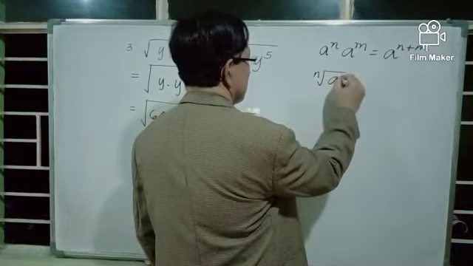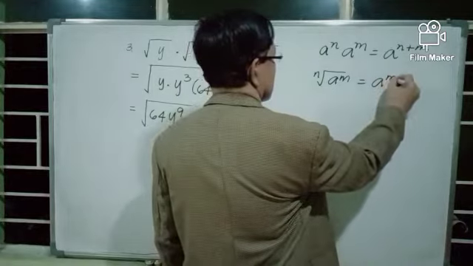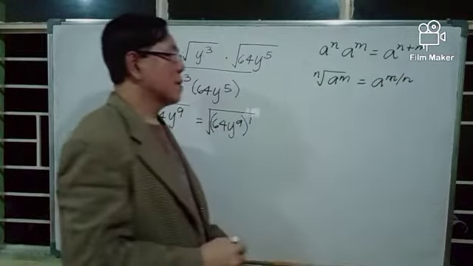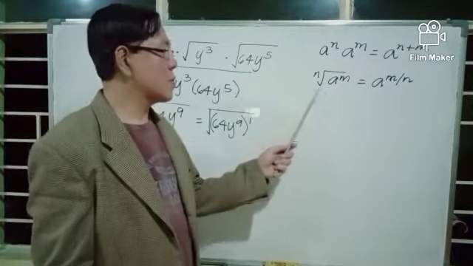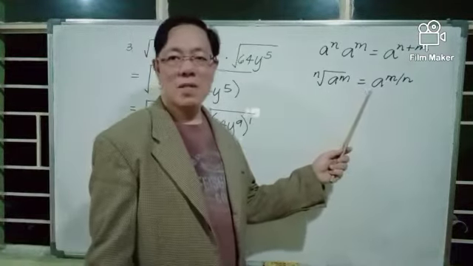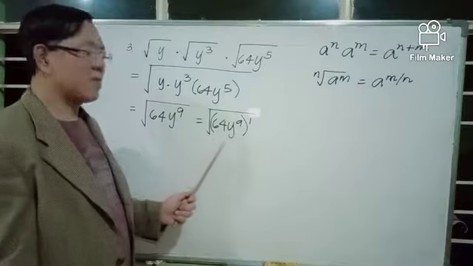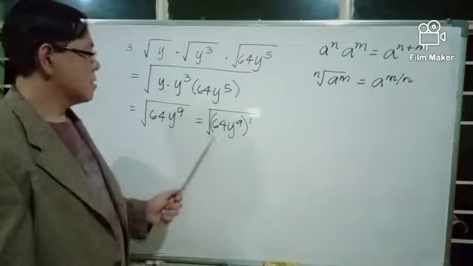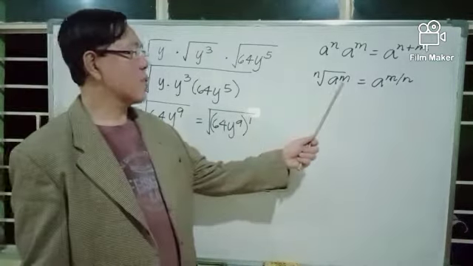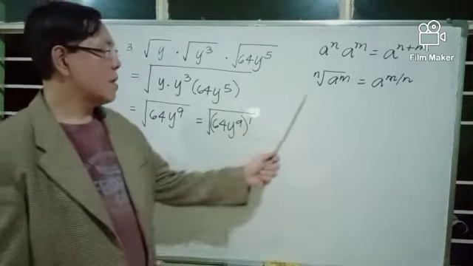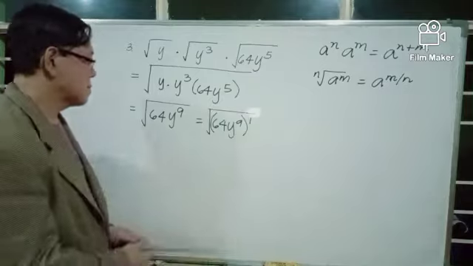of a to the m. We apply this property of radical that says the nth root of a to the m equals a to the power m over n. To simplify this, the index n is 2, the exponent m is 1, and the base a is 64y raised to 9.